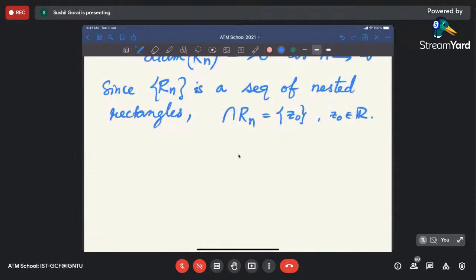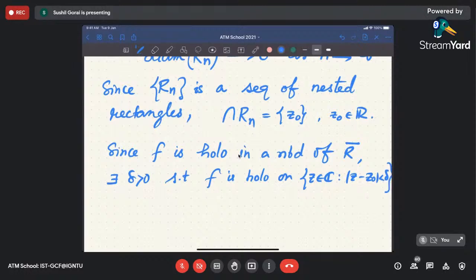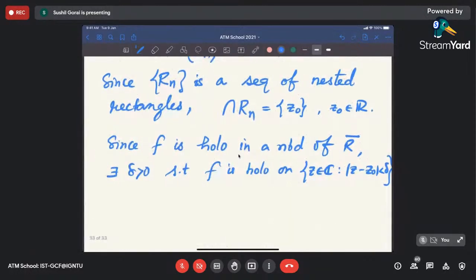Now we use holomorphicity. So since F is holomorphic in a neighborhood of R closure, there exists delta greater than 0 such that F is holomorphic on a delta neighborhood of Z0, which means mod of Z minus Z0 less than delta.